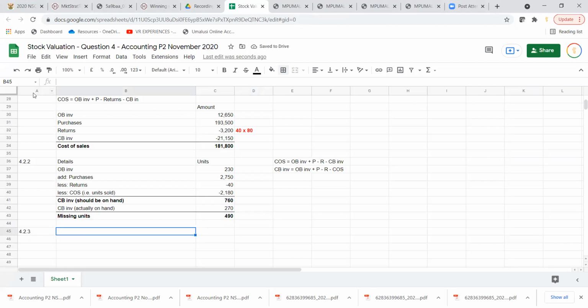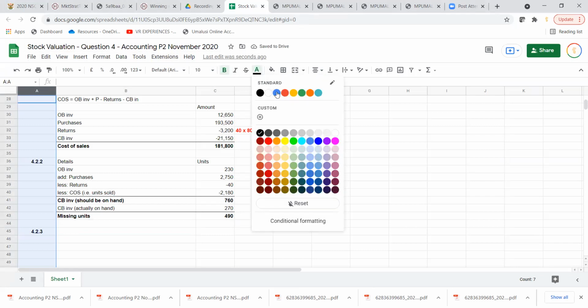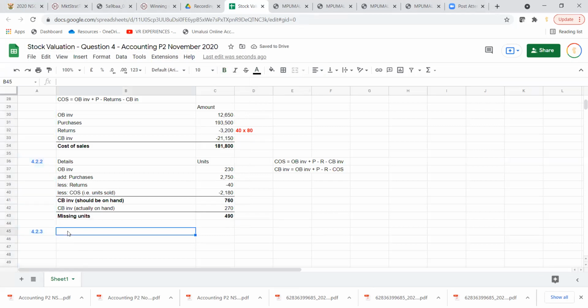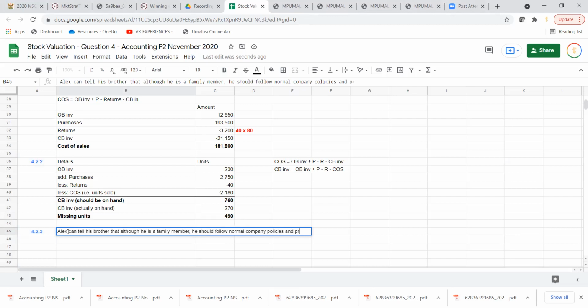So what Alex can tell his brother is the following. Alex can tell his brother that although he is a family member, he should follow normal company policies and procedures.